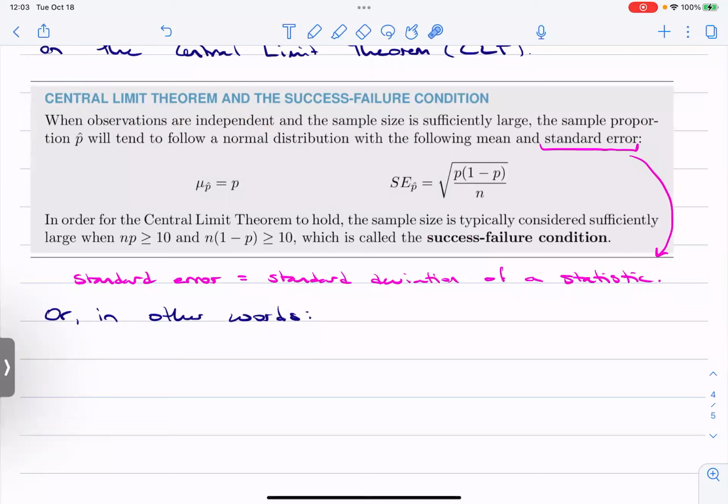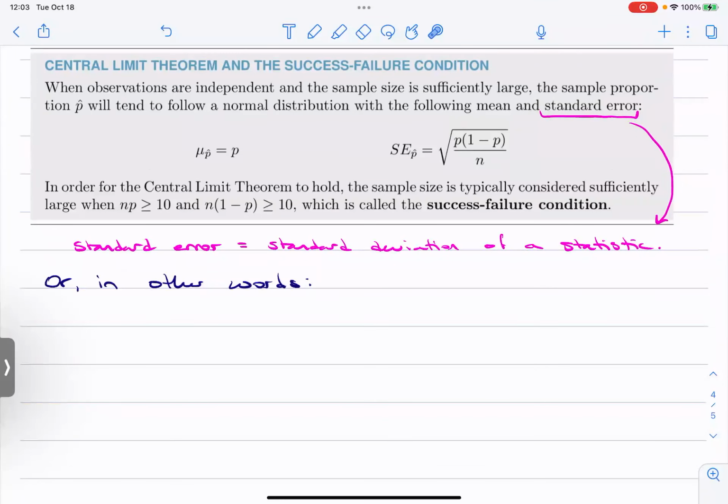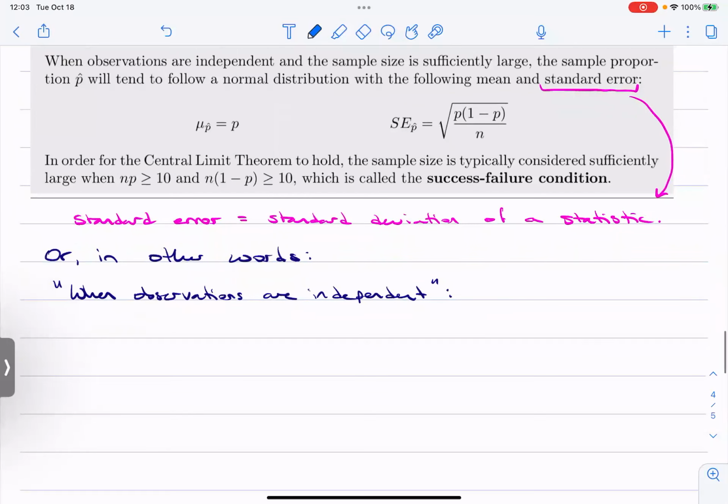The thing that we're going to use: if the observations were randomly selected, then we can assume independence.